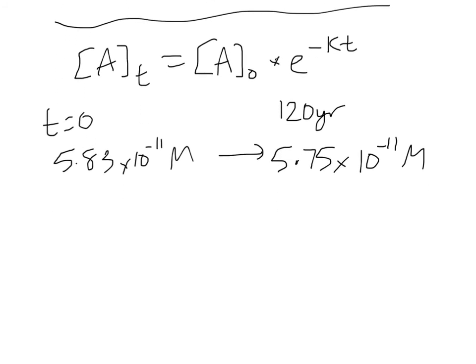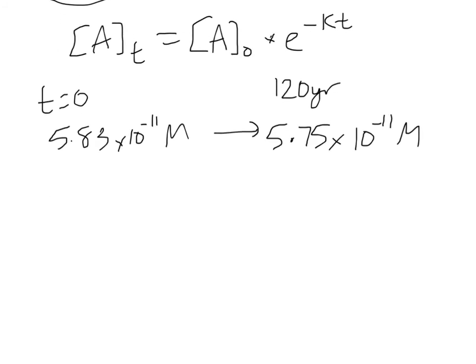In fact, this is really not a good example at all. It turns out that carbon-14 dating is really not that good over a 100-year period. Normally, 100 is the very low end. Normally, 1,000 is what we would start with.